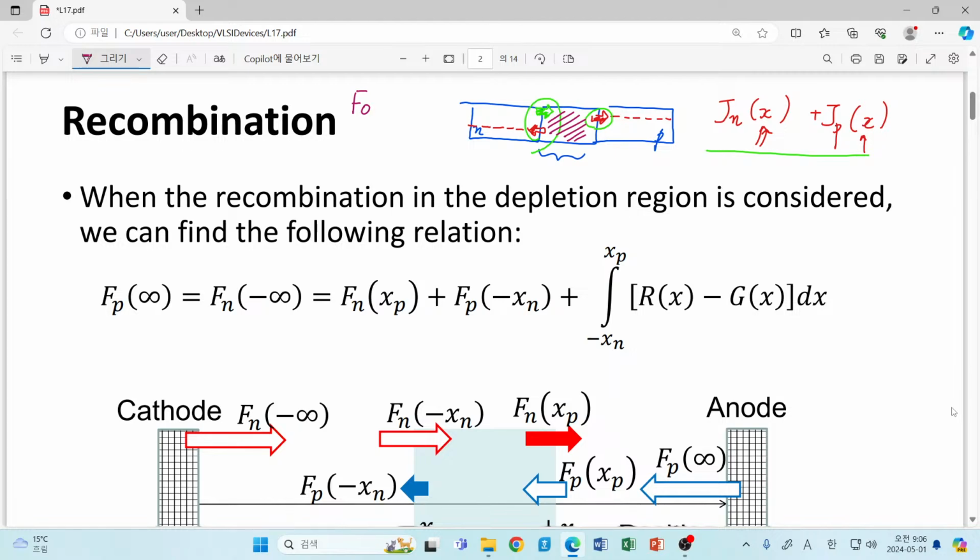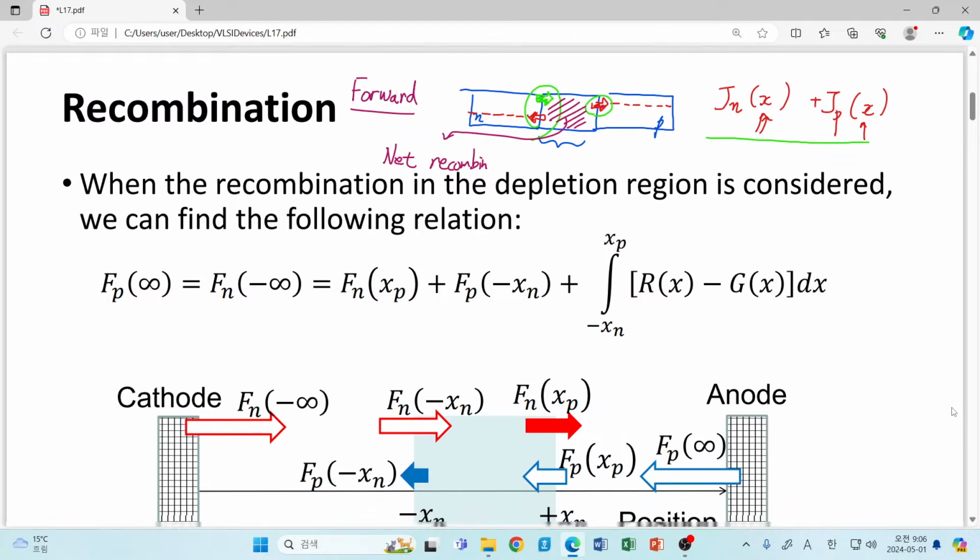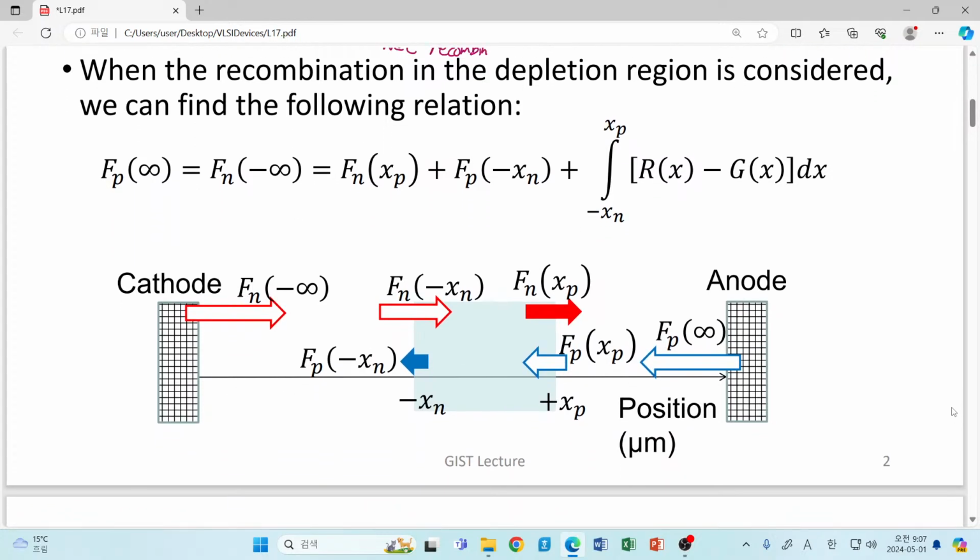In our currently considered forward bias mode, we can say that even in this part we have net recombination, of course of both electrons and holes. Then it is quite easy to understand the situation.